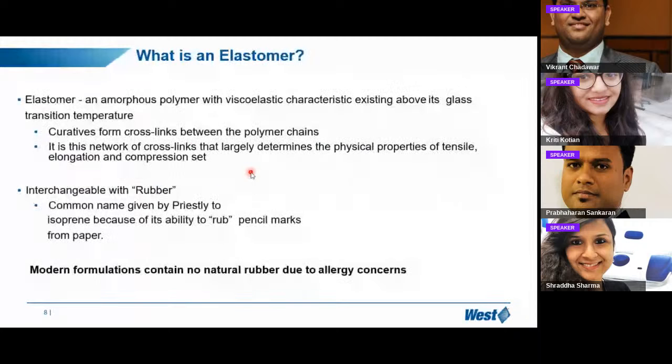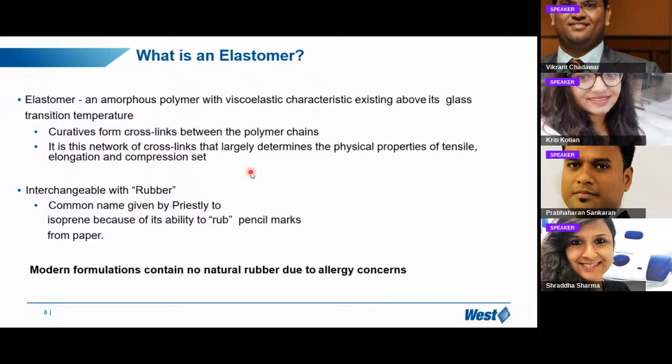So these are the general topics which we are going to cover in this session. So what is an elastomer? An elastomer is an amorphous polymer with a viscoelastic characteristic existing above its glass transition temperature. It is an organic polymer possessing elasticity to the extent of nearly 200 to 300%, which is a high amount of elasticity.